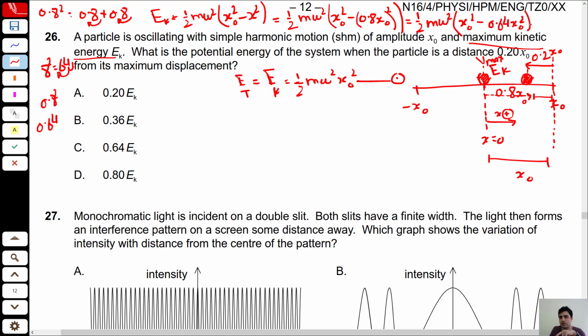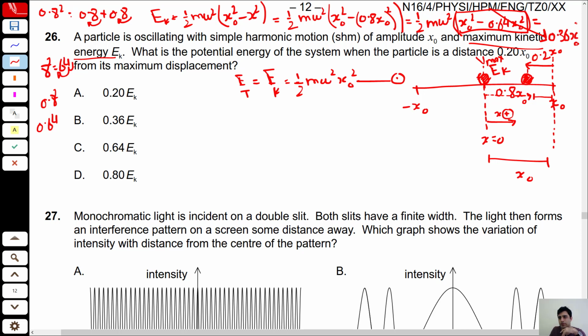These are two like terms. So what is 1 minus 0.64? This is going to be 0.36. So this entire thing is going to be 0.36 x naught squared.